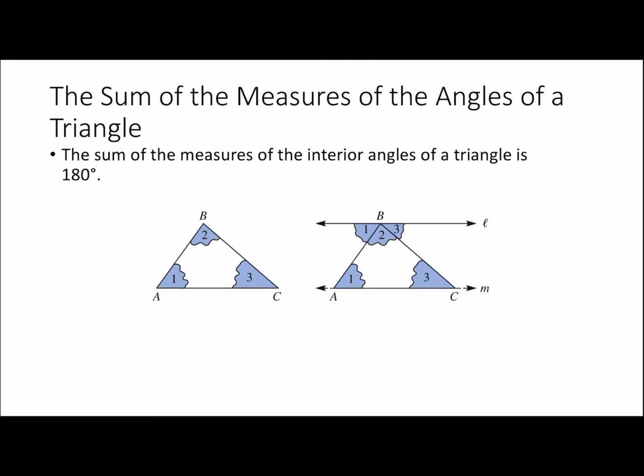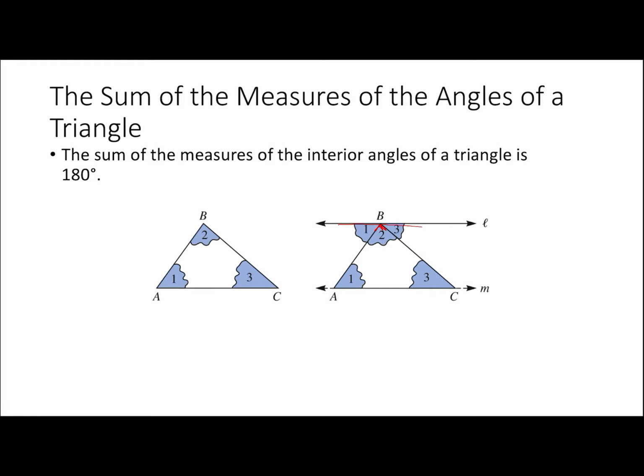When we talk about the angles inside a triangle, the sum of the measures of the angles inside a triangle has to be equal to 180 degrees. Later we're going to talk about how we know that, and how to find that depending on the type of polygon we have, but right now we're going to talk about triangles.